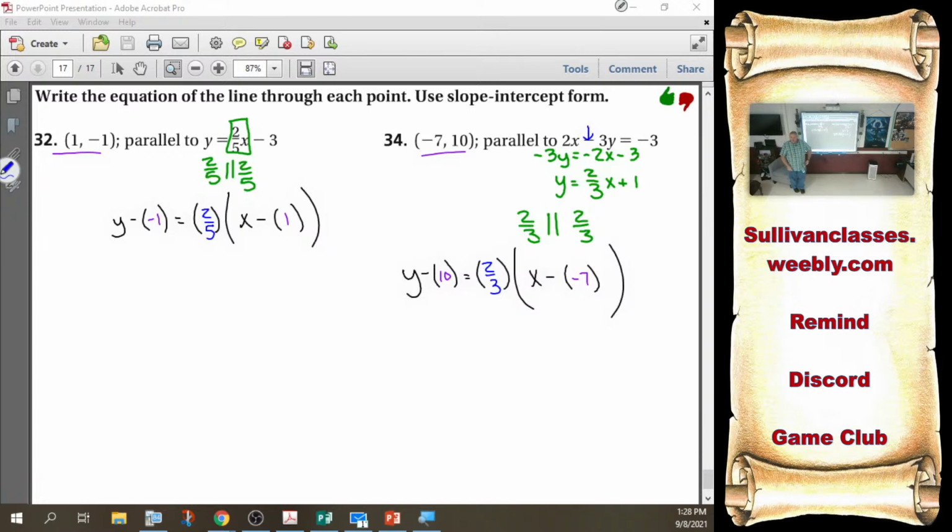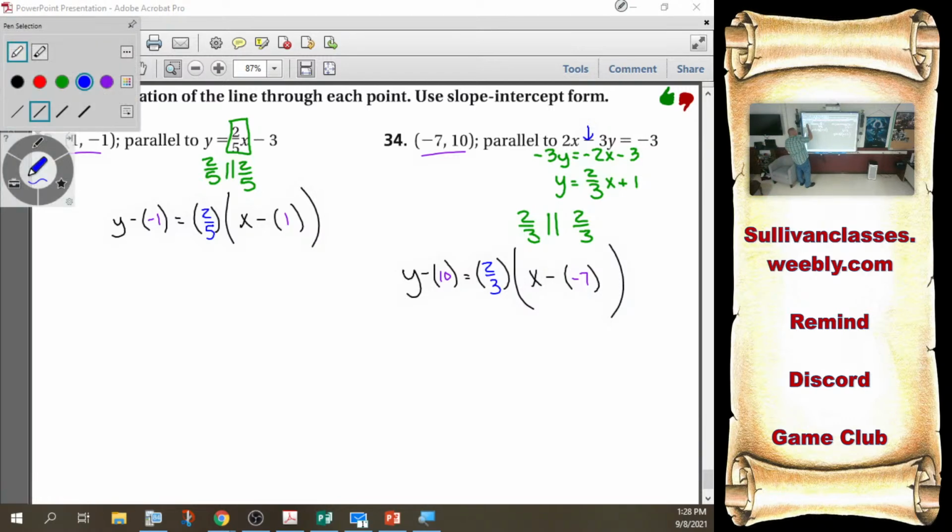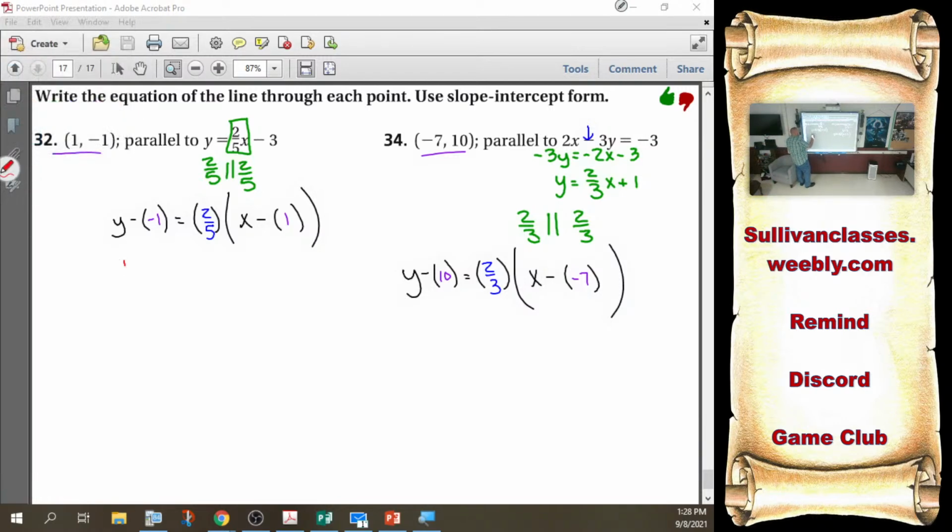Because it'll be a -2 divided by a -3. That's the equation, yeah.